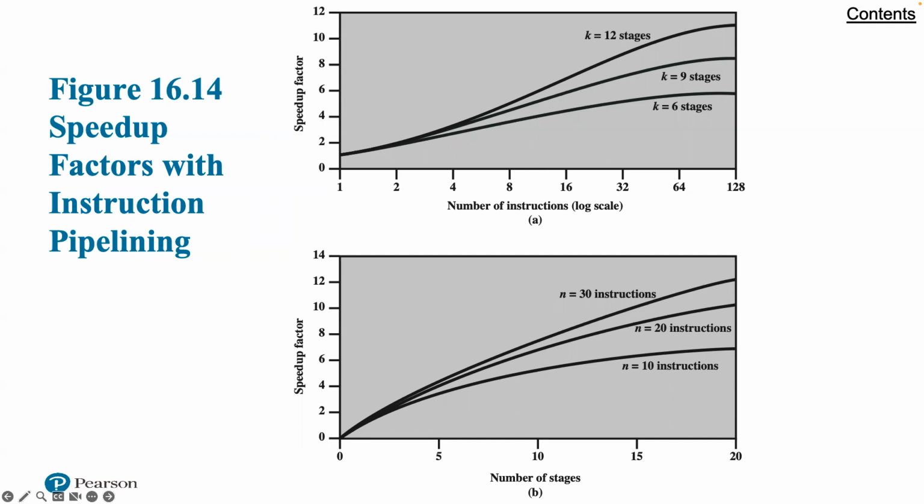Thus, the larger the number of pipeline stages, the greater the potential for speedup. However, as a practical matter, the potential gains of adding pipeline stages are countered by increases in cost, delay between stages, and the fact that branches will be encountered requiring the flushing of the pipeline.